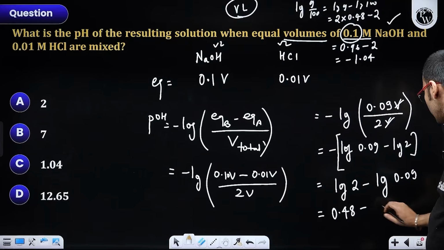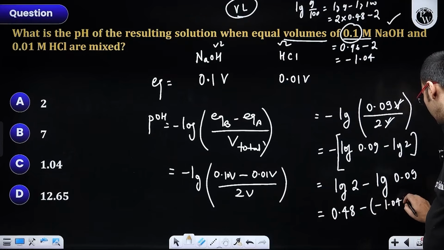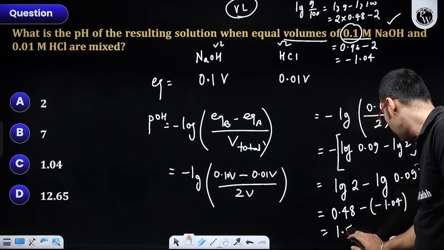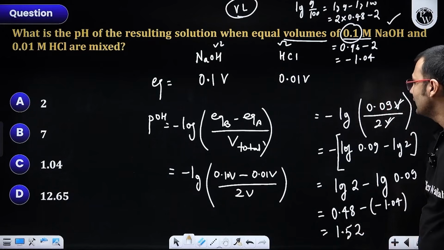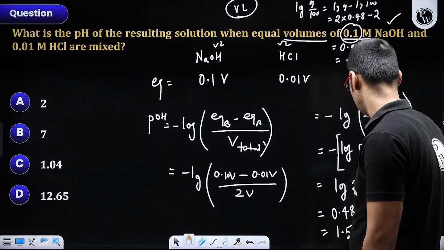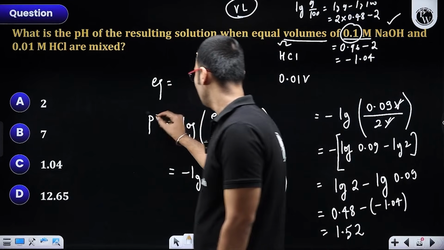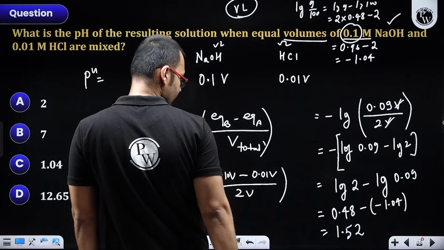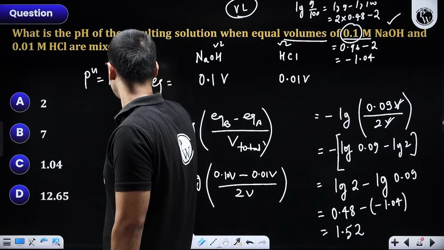So log 0.09 is minus 1.04, so this will be minus plus, finally 1.52. But please remember, this is not pH, this is pOH. From this pOH, if you calculate pH, pH will be 14 minus pOH.